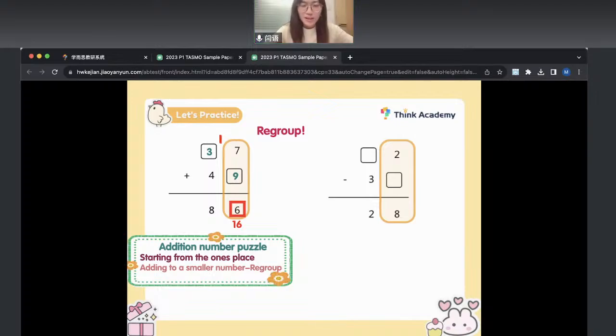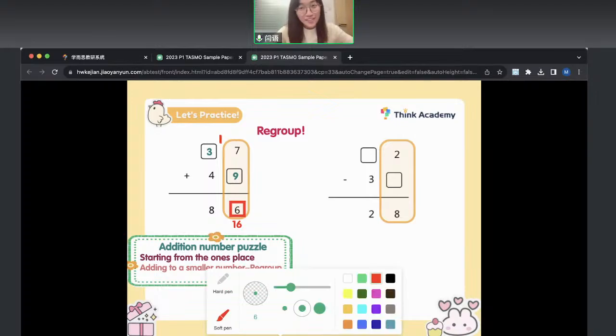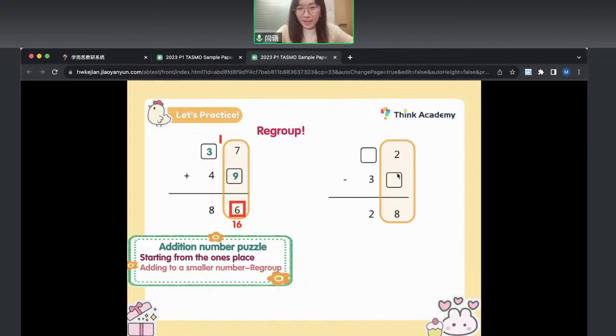There is a common mistake. During the class, most students just tell me, okay, here, teacher, I know, super easy. 2 plus 6 equals to 8, right? No, everyone, please open your eyes, okay? What is the sign? It is minus. Okay, so think about it. 2 minus something equals to 8. How?